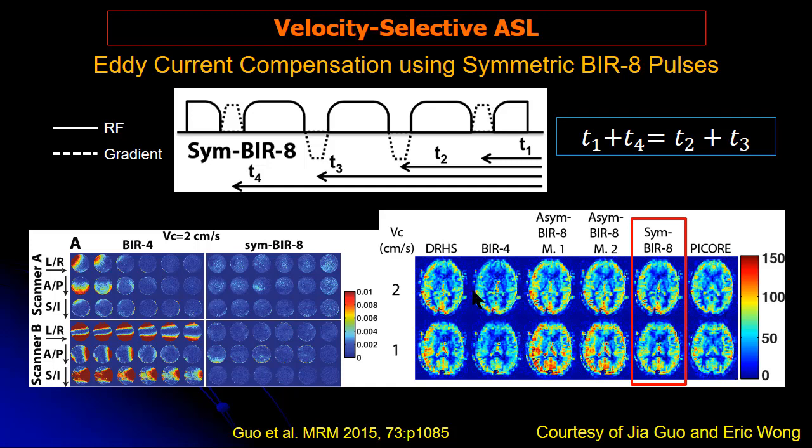You can see that with the first 4 velocity-selective ASL labeling, you can see some overestimation or asymmetry left and right, and you see much less of that effect with the symmetric BIR-8, which is largely because of the gradient effect artifacts.